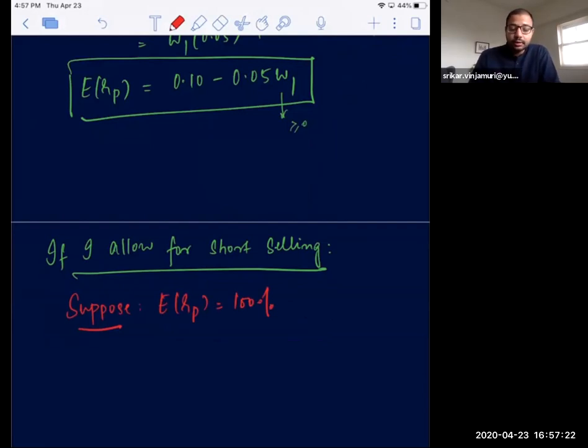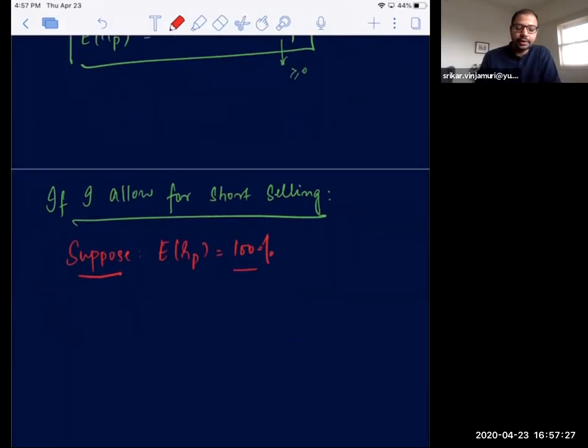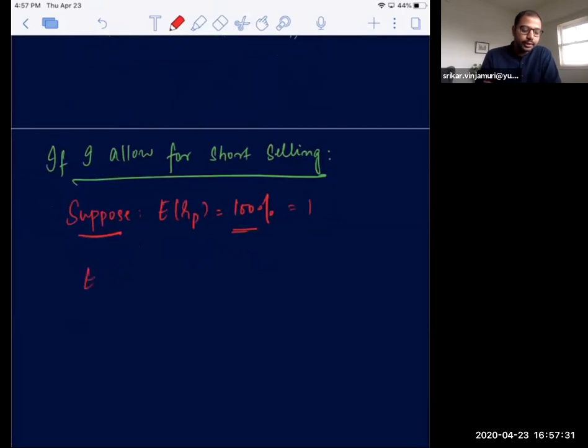Then it's a trivial problem, right? You want an expected return of 100%, which is 1. The expected return on the portfolio is given by 0.10 minus 0.05 times W1.